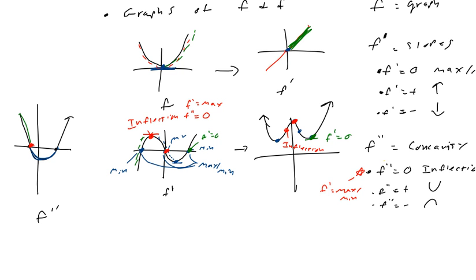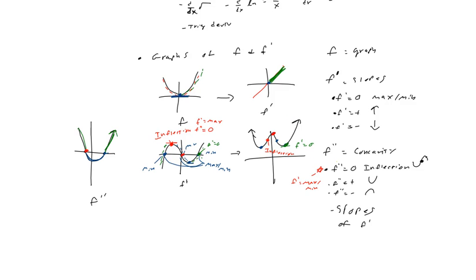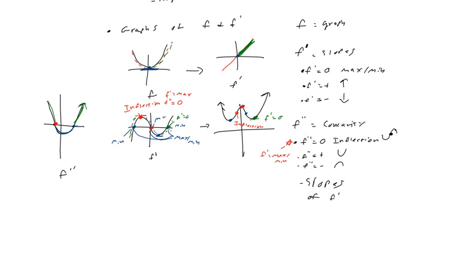And then we have a bunch more positive slopes. So F double prime is the slopes of the derivative graph. It's all a chain, it's all connected. The slopes of your original function tell you the derivative graph, the slopes of the derivative graph tell you the second derivative graph. So make sure you know about all of those.